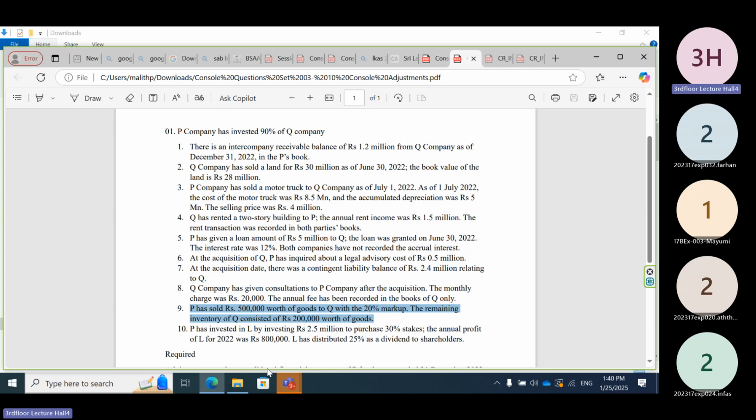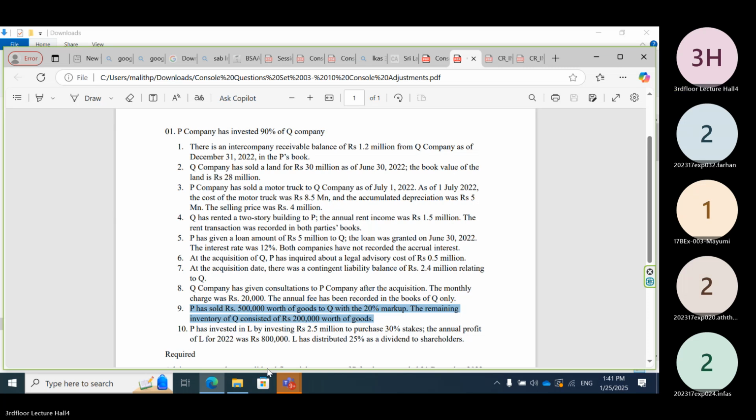Not credit, debit, right? Profit should be debited. Profit taken 32,000, inventory taken 32,000. That's called unrealized profit. That should be done for the remaining stock, not for the whole stock.